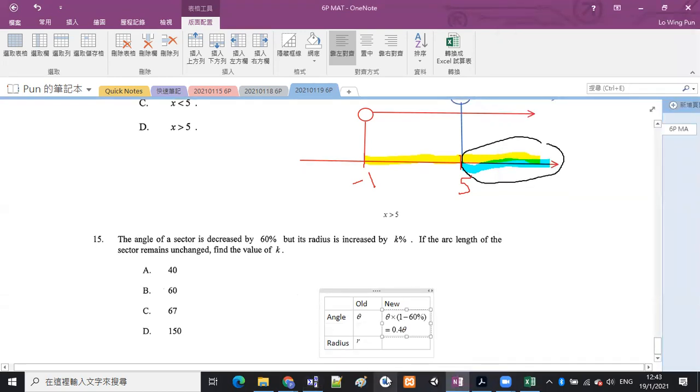Can you get this? And then the radius is increased by k%.